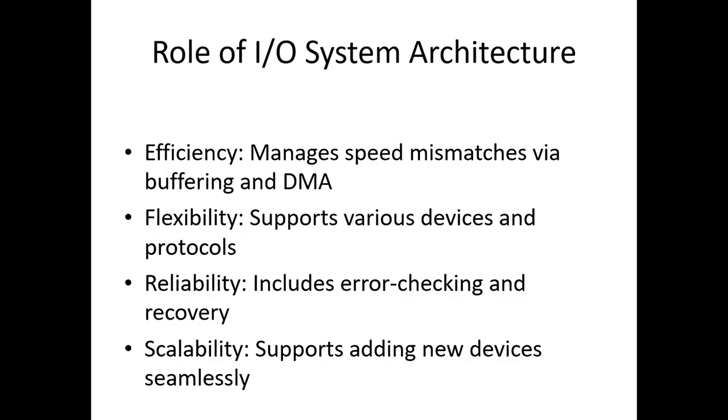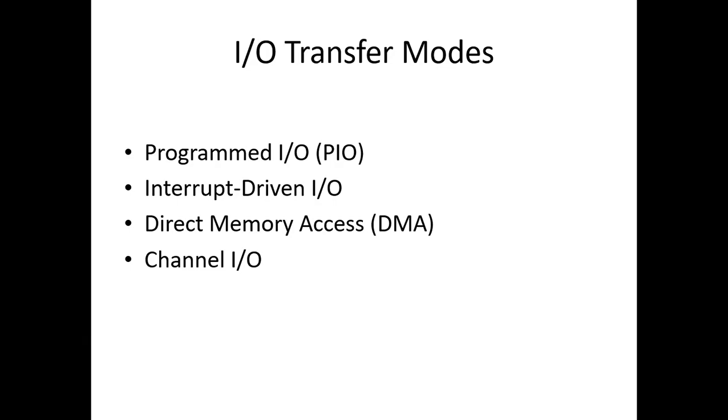Another role is reliability, where it includes error detection and recovery mechanisms. And finally, scalability, where it supports easy addition of new devices. Without it, the CPU would have to micromanage every interaction, which you can imagine the chaos and the inefficiency it would lead to.